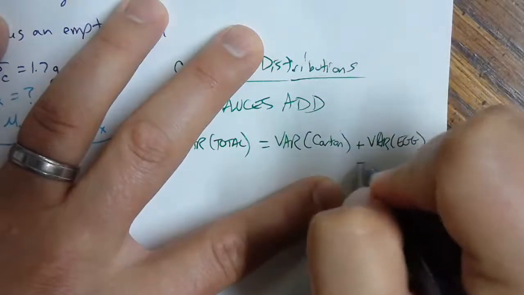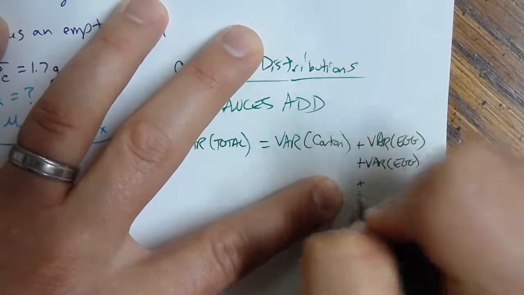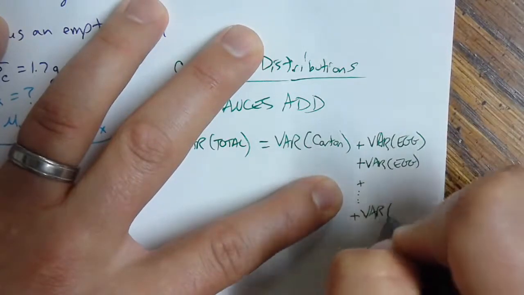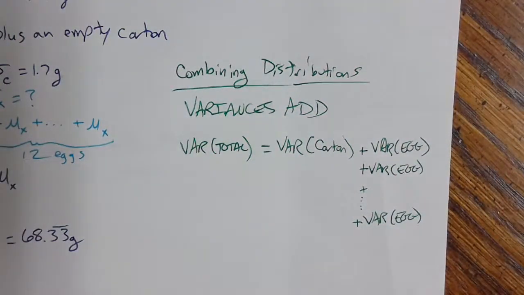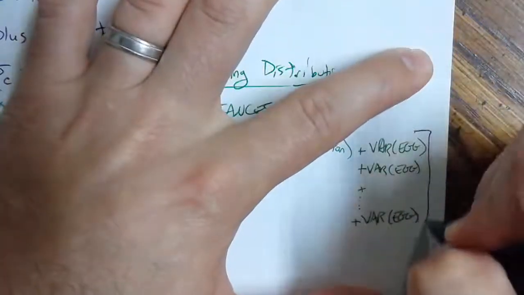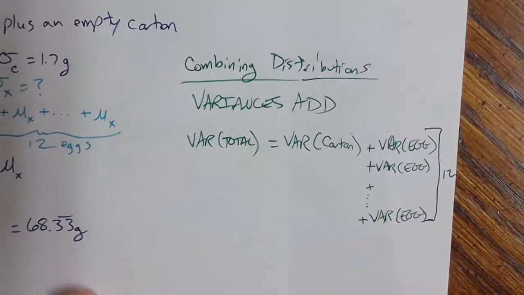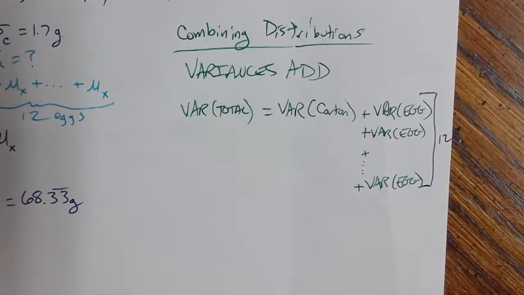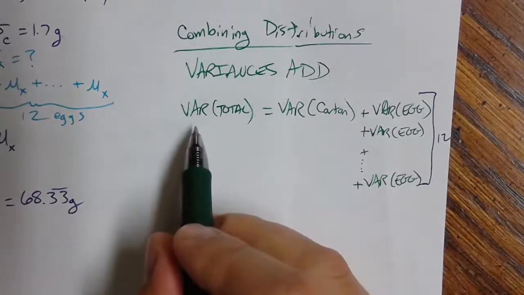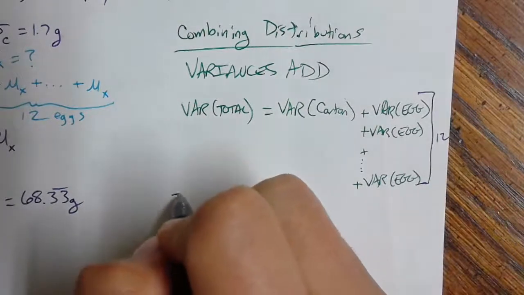But we're going to have another egg and another egg and another egg, so we have the variance of 12 eggs. And we're going to do something similar to before, where we know a lot of these values. We're just going to be able to calculate, this has 12 of them, and we'll be able to calculate the variance of a single egg, which then in turn will get that standard deviation. So, we know that the variance of the total is 7.9 squared.